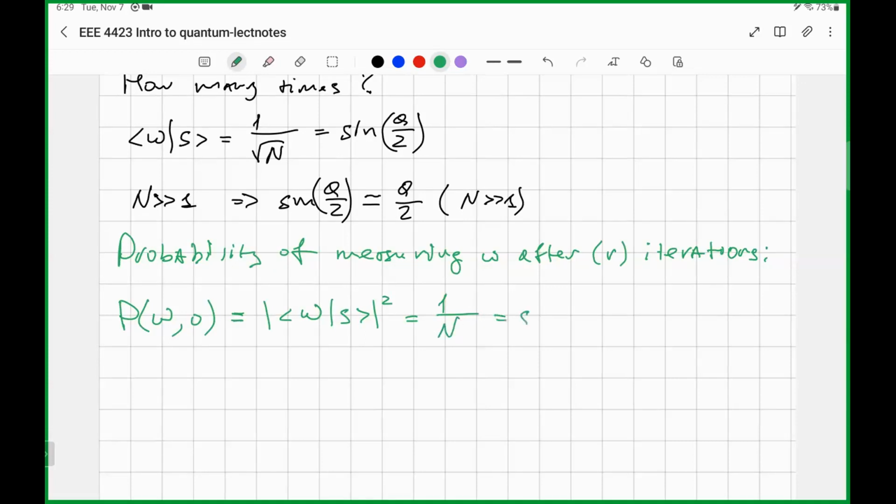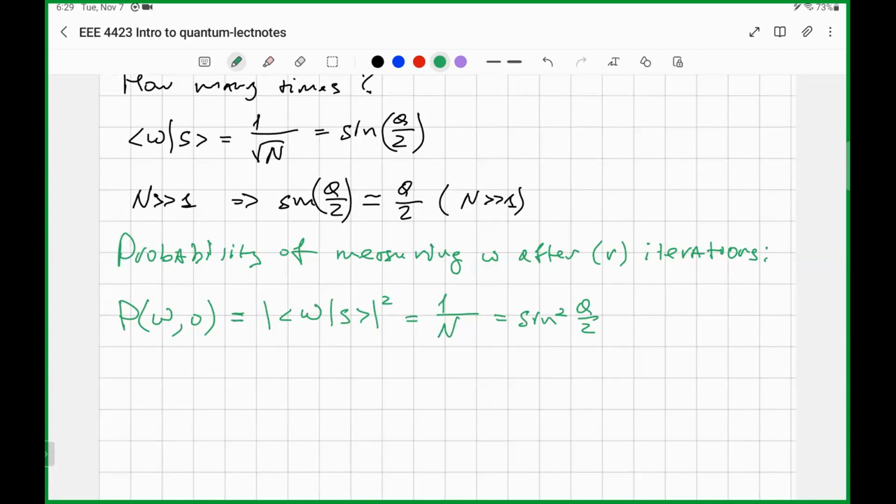Or sine squared of theta over 2. So this result, 1 over N for the probability of measuring omega, indicates that this probability is very small because capital N is a very large number.